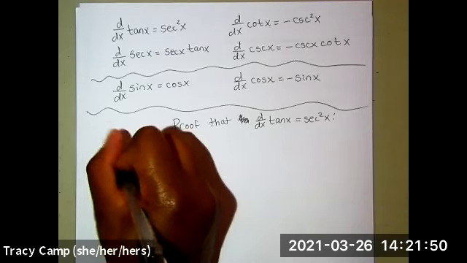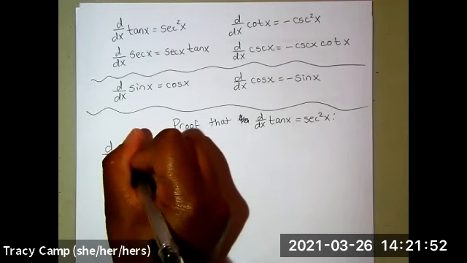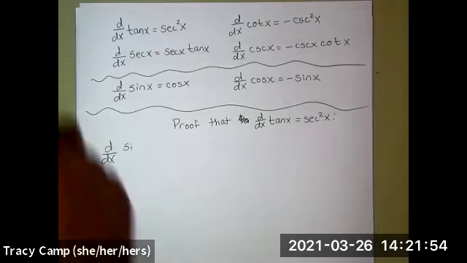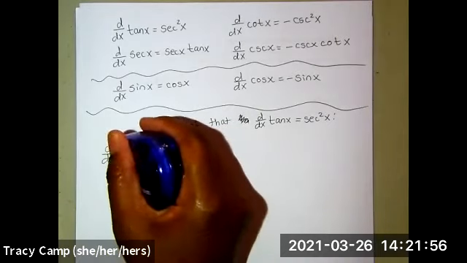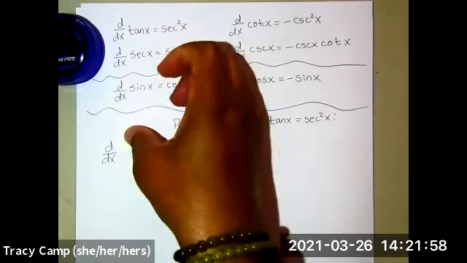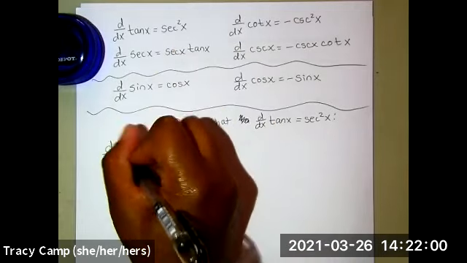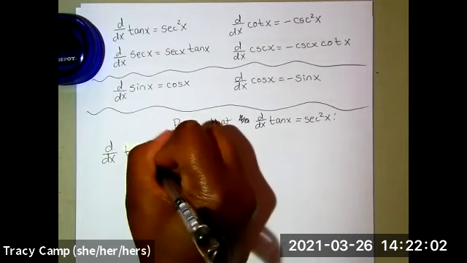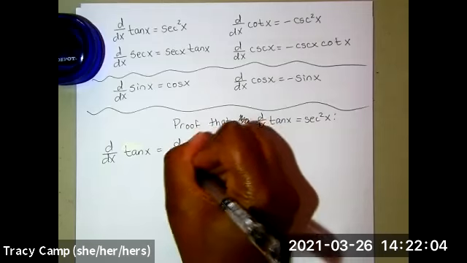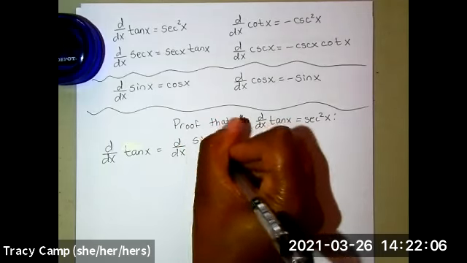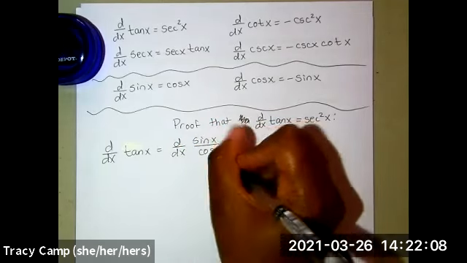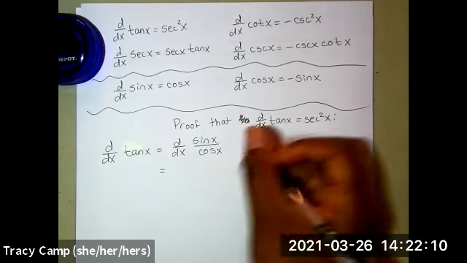What we do is we don't have to use that definition of the derivative anymore. We just rewrite tangent as sine over cosine, and then we use the quotient rule.